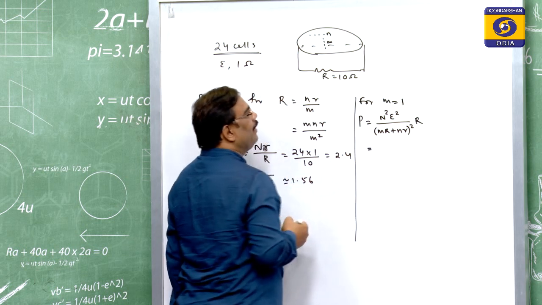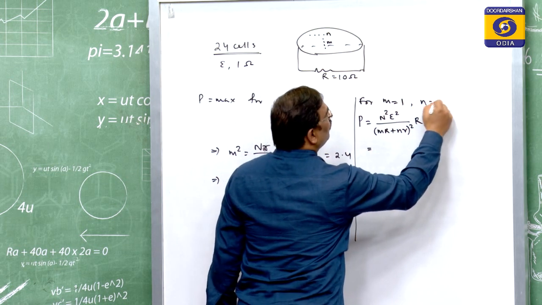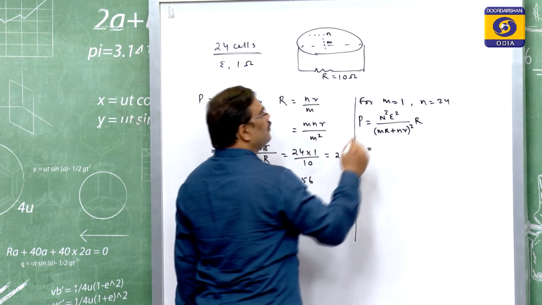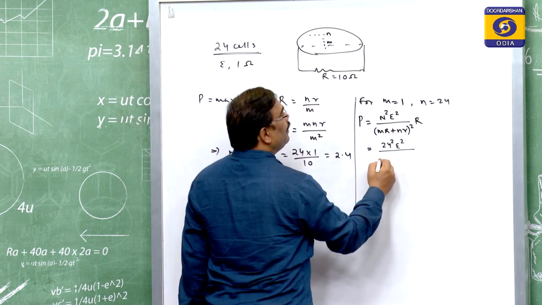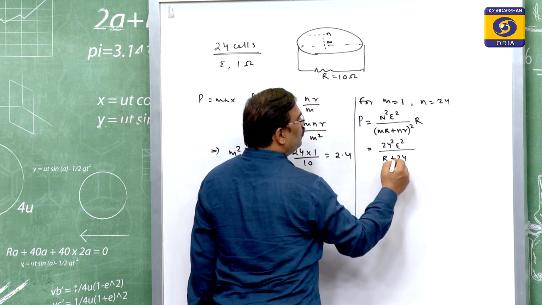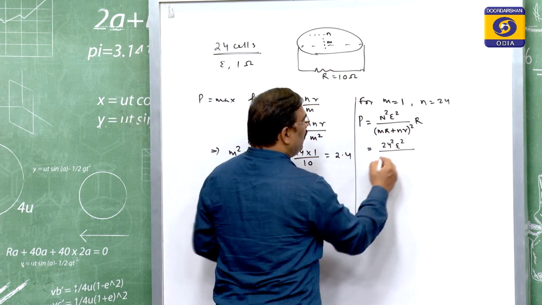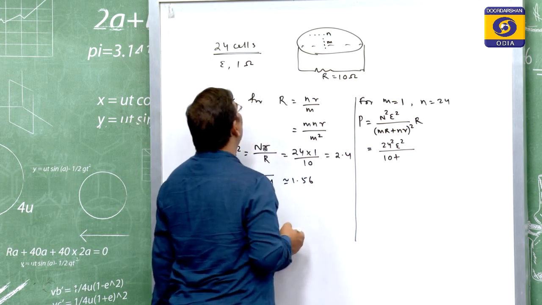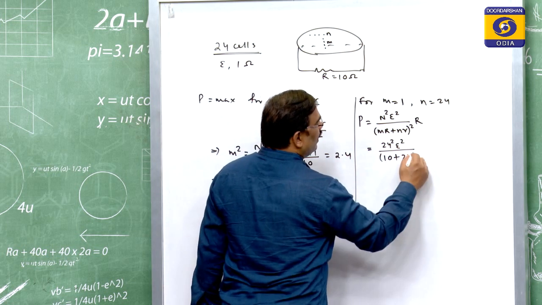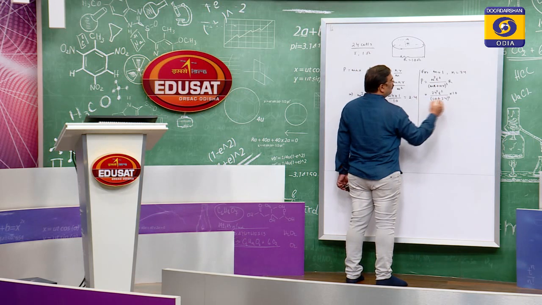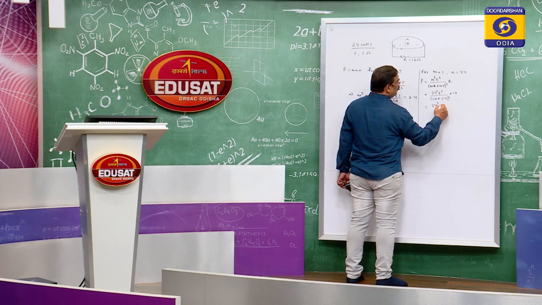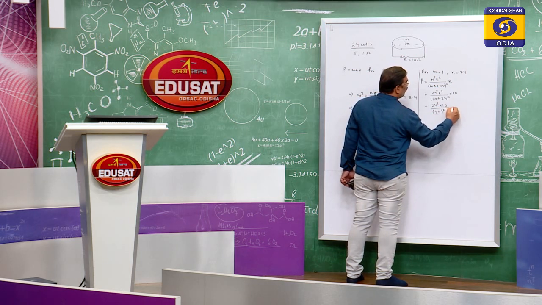Now, put the value of m equal to 1. For m equal to 1, n equal to 24. So, it is 24 square E square divided by (R plus 24 into 1) whole square, which is 10 plus 24 into 1. So, it is 24 square, and R is again 10. Or we can write it as 24 square into 10 divided by 34 square, E square.